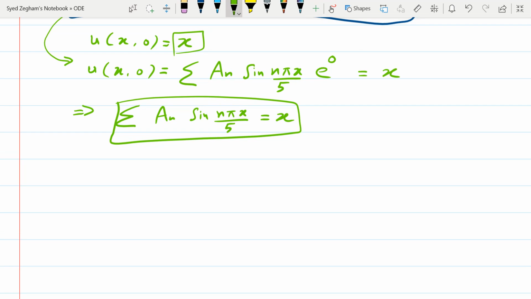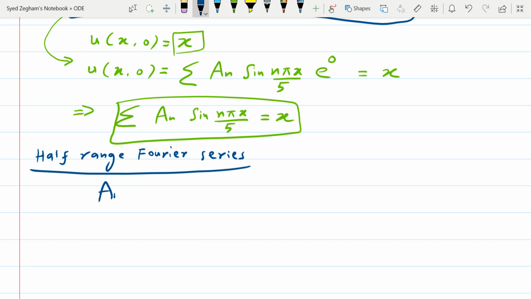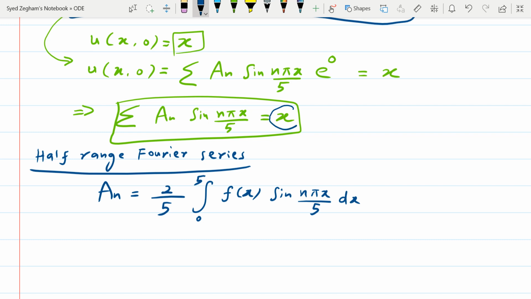And from the half range Fourier series formula, we will write that an will be equal to 2 divided by 5 integral 0 to 5 f(x) sine n pi x over 5 dx, and here my function f(x) is equal to x.